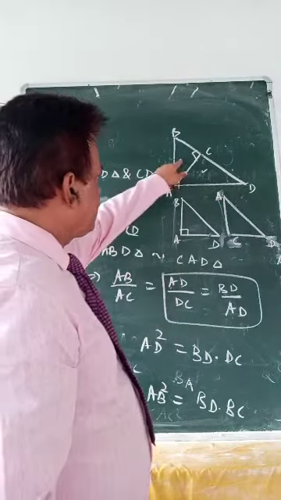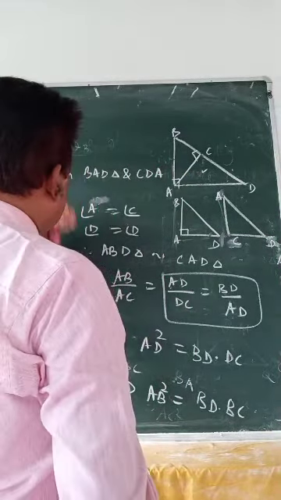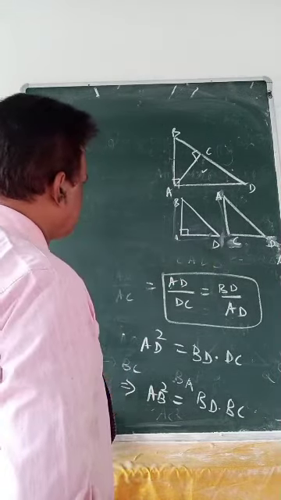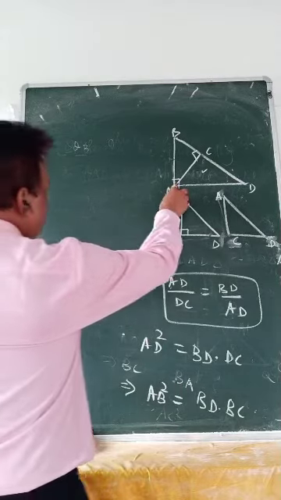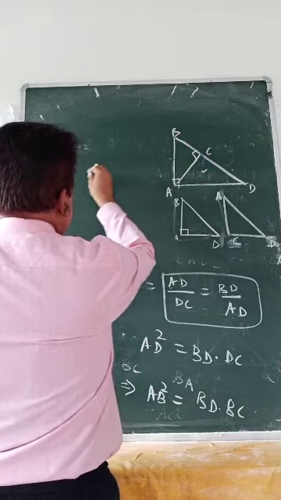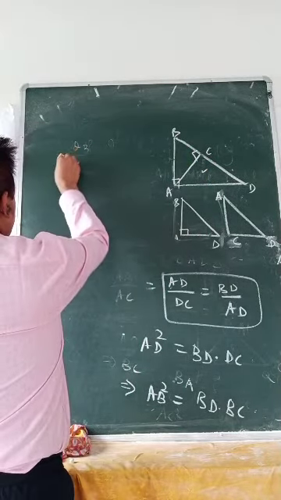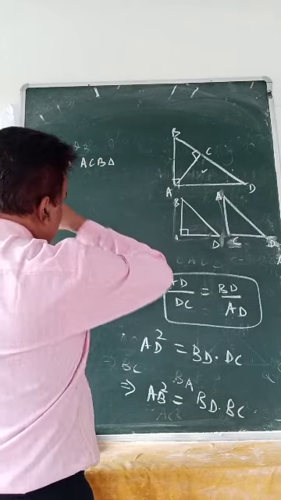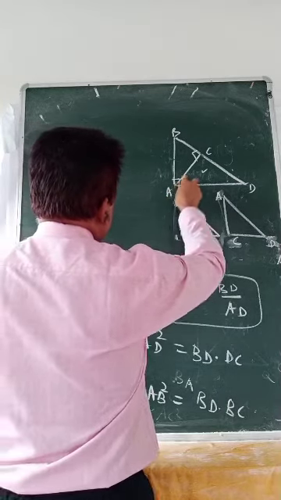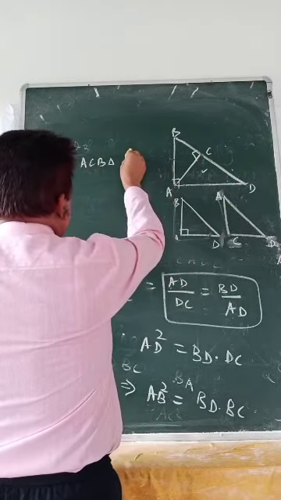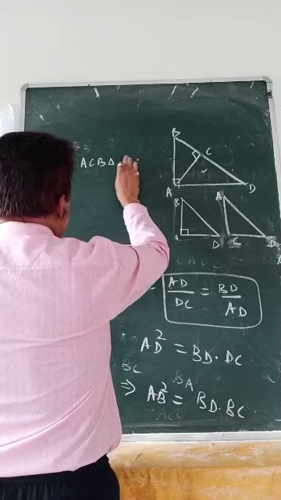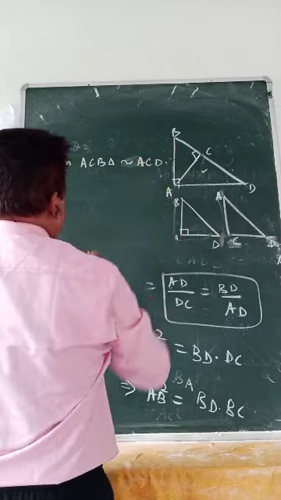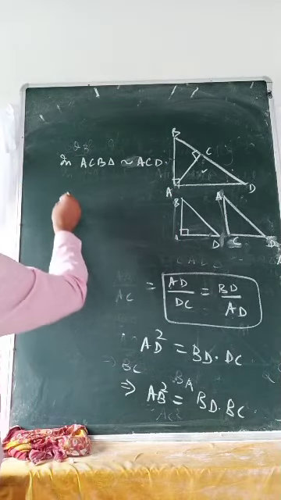For the second part, you take these two triangles. So second part is gone. Third part, look here: triangle ACD, in triangle ACB, then it is triangle ACD. They are already similar. So what did you get?